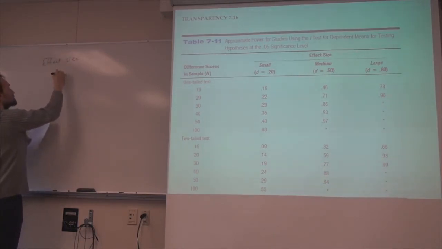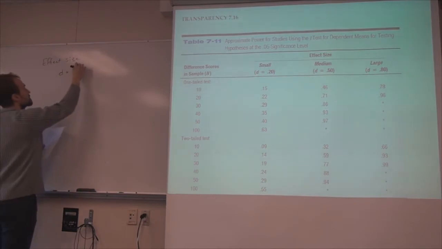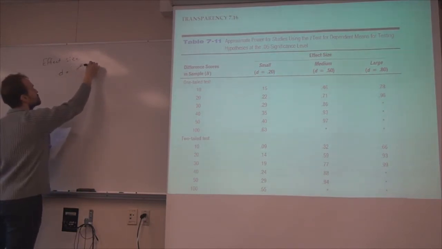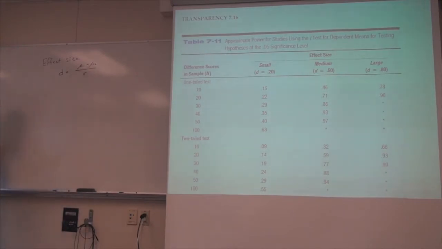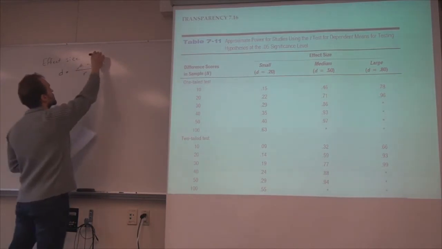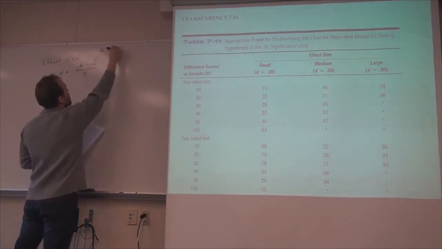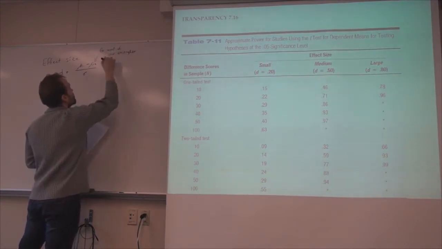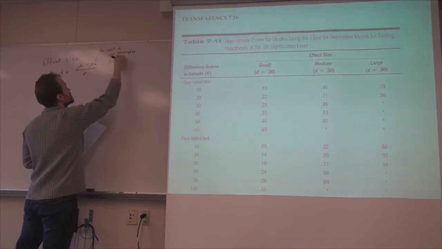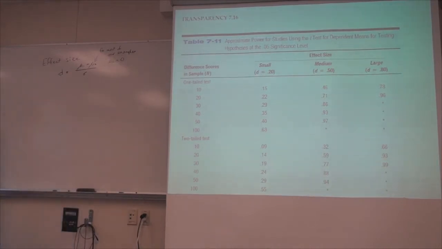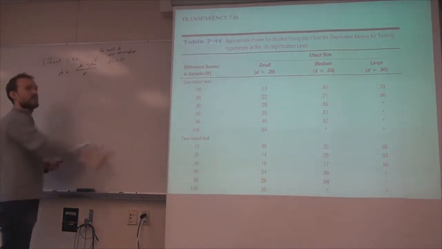Effect size is simply going to be d, mu1 minus mu2 over sigma, for my approximation of it. Now, for most of our examples, mu2 will be 0. We're comparing against the null hypothesis, which had no difference.